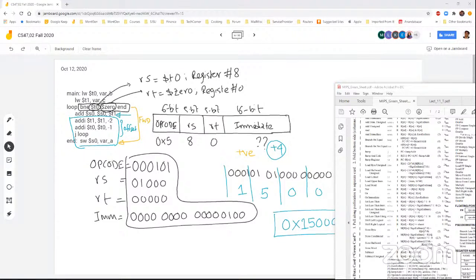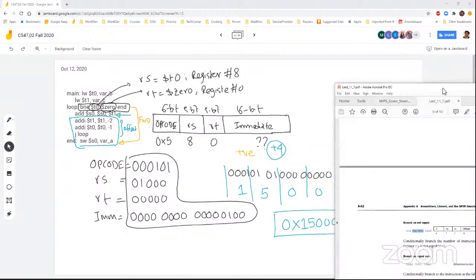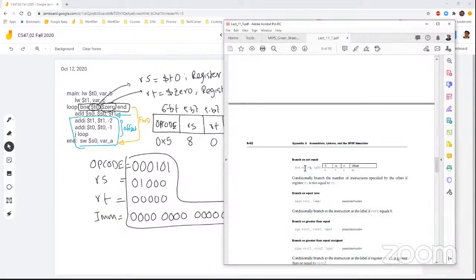So is the order of the machine code the same as this, opcode, RS, RT, immediate? The order depends on how the assembler orders it. This order is the assembler-provided order, RS, RT, but the machine code format order is machine specific.